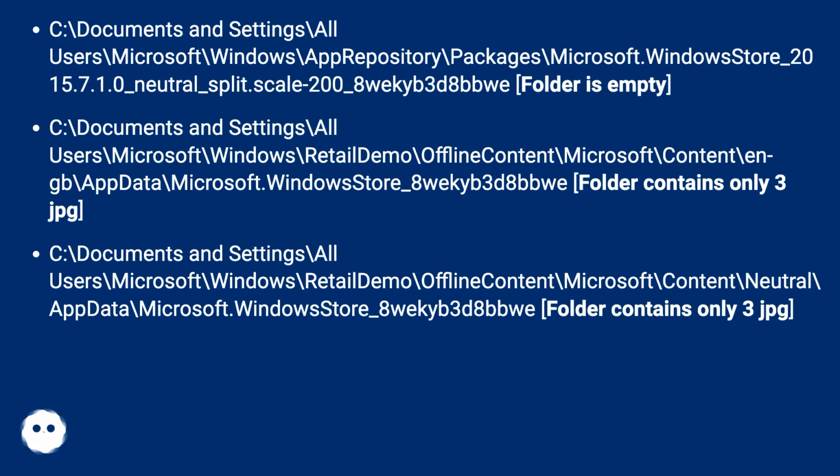C:\ProgramData\Microsoft\Windows\RetailDemo\OfflineContent\Microsoft\Content\en-GB\AppData\Microsoft.WindowsStore_8wekyb3d8bbwe folder contains only 3 JPG. The same in the neutral\AppData\Microsoft.WindowsStore_8wekyb3d8bbwe folder, which contains only 3 JPG.